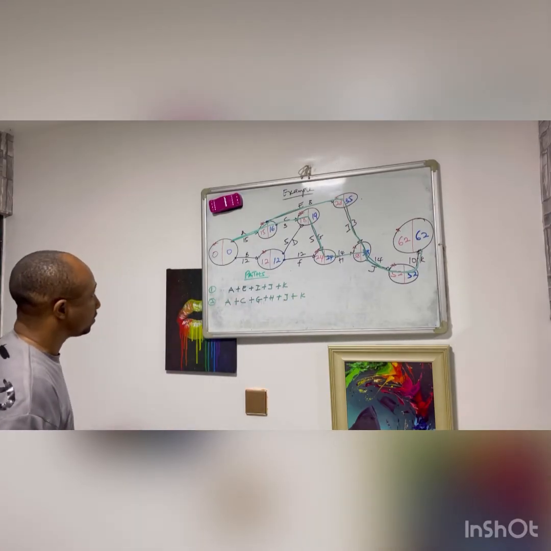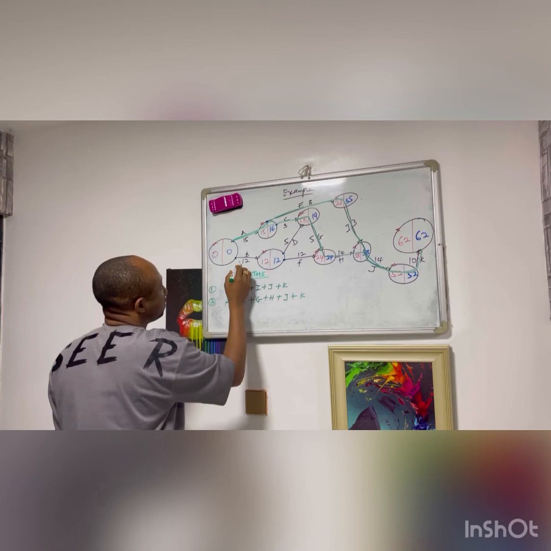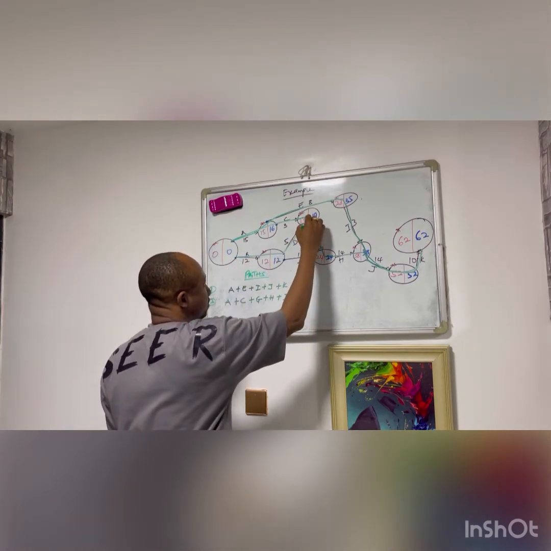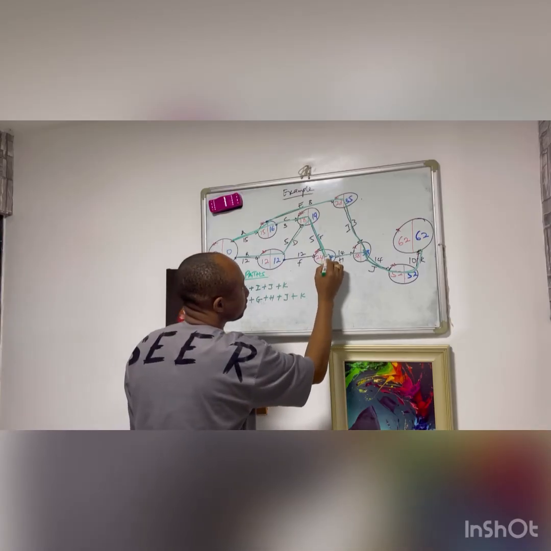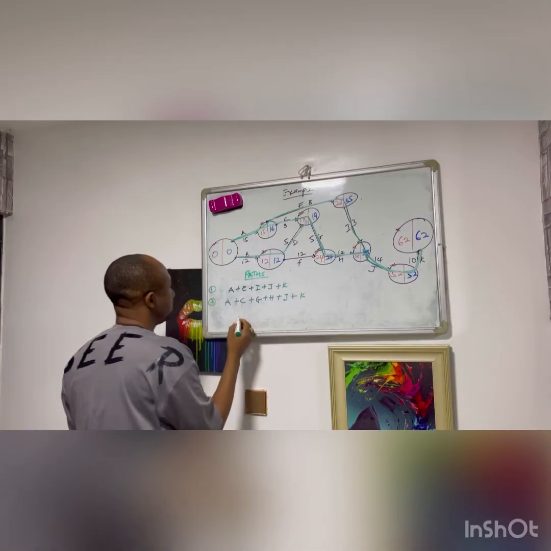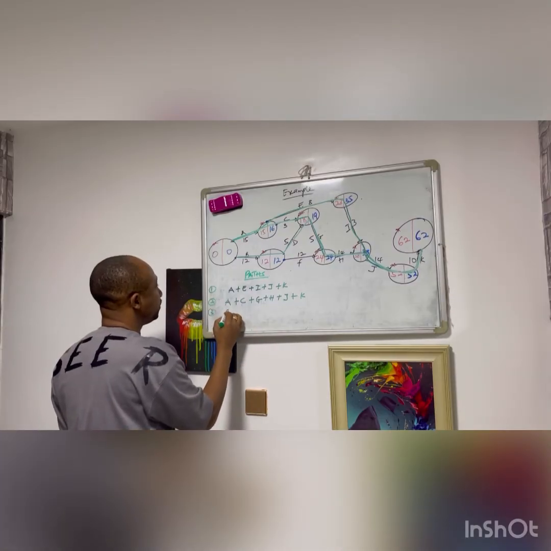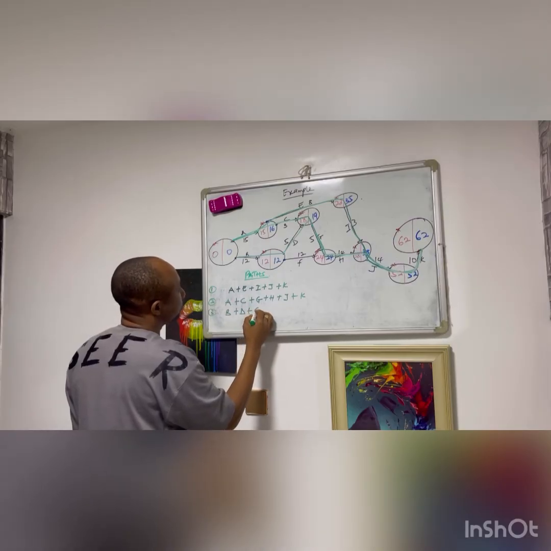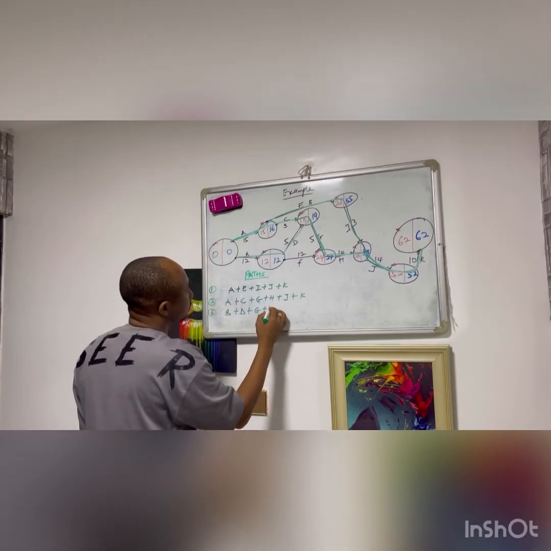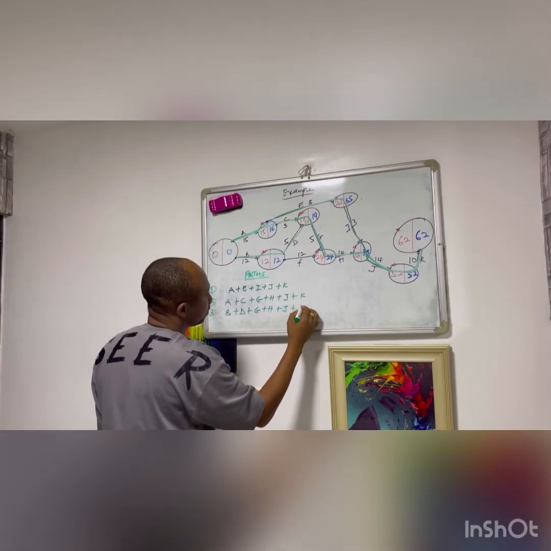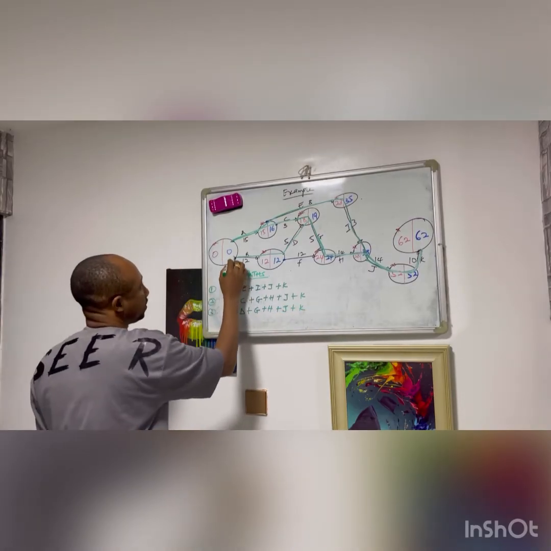That's another part. Then another part is this, like this, comes here, goes here, comes here, and then to the end. I have the third part to be B plus D plus G plus H plus J plus K. And then this is another part here.